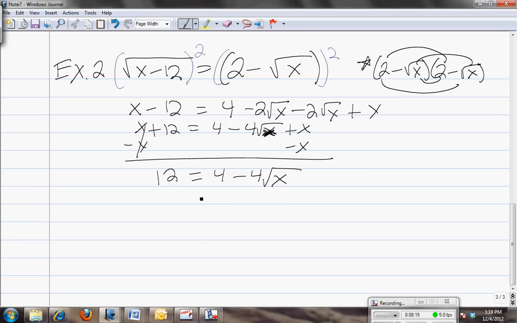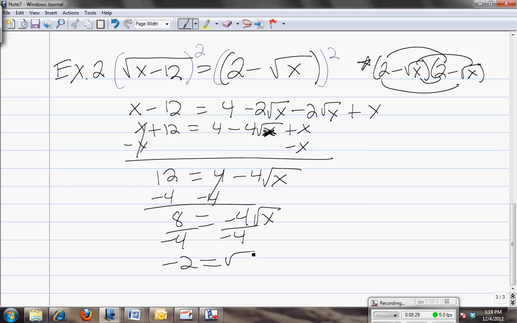So what can we do? Let's subtract 4 from both sides. Then we have 8 is equal to negative 4 radical x. Divide by negative 4. And now we're going to square both sides.